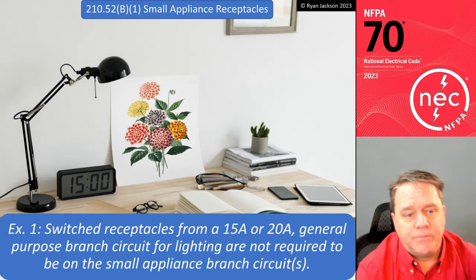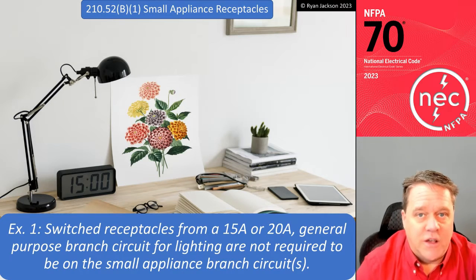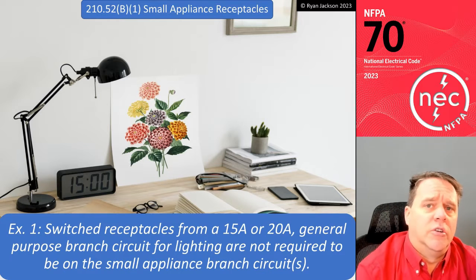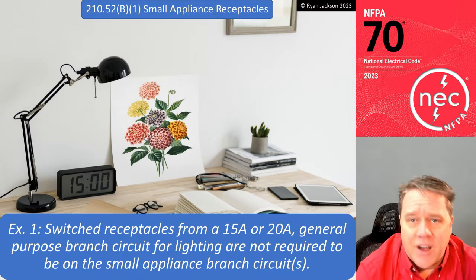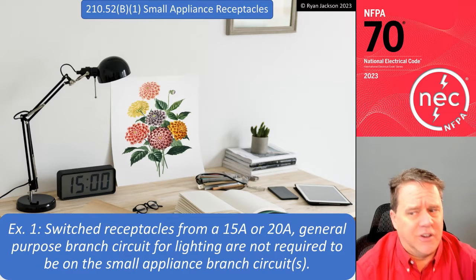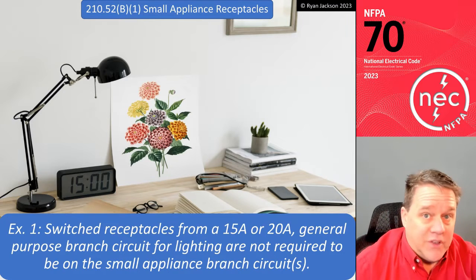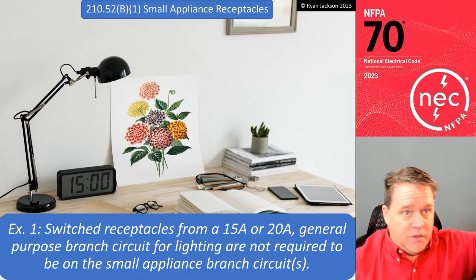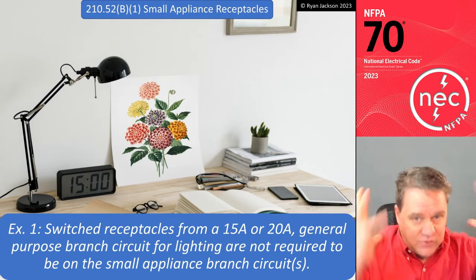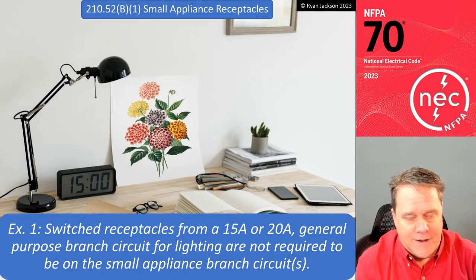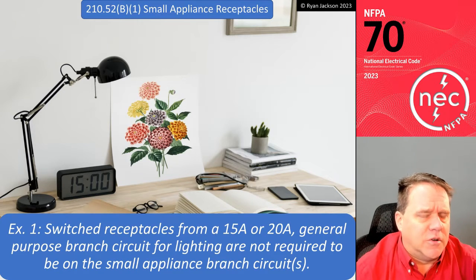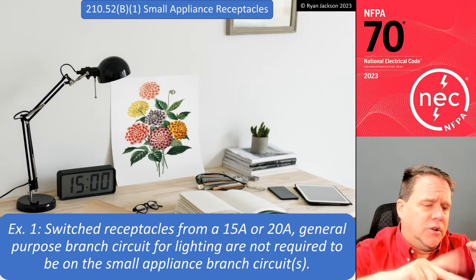Let's keep reading. What the code giveth, the exceptions taketh away. Switched receptacles from a 15 or 20-amp general purpose branch circuit for lighting are not required to be on the small appliance branch circuit. I'm sure there's an application for this. I've just never seen it. And I'm sure there's somebody that's really smart that has just solved the riddle. But to me, if you're switching a receptacle for lighting, you're usually only switching half of it, right?